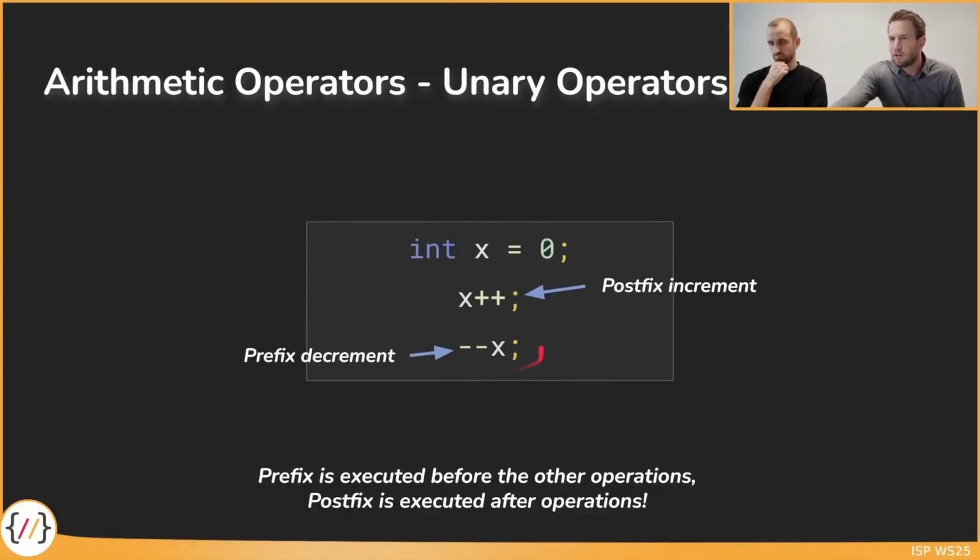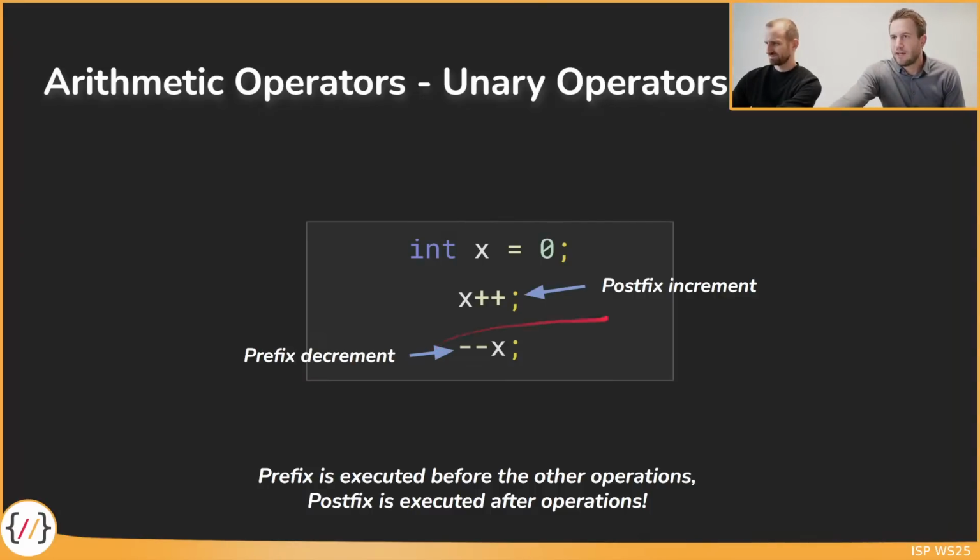So if I do not have just this statement, but have further operands in this line, for example, adding then 6 to this value, it would make a difference. With the prefix decrement or increment, the value would first be decreased or increased, and then the next operation would be calculated.